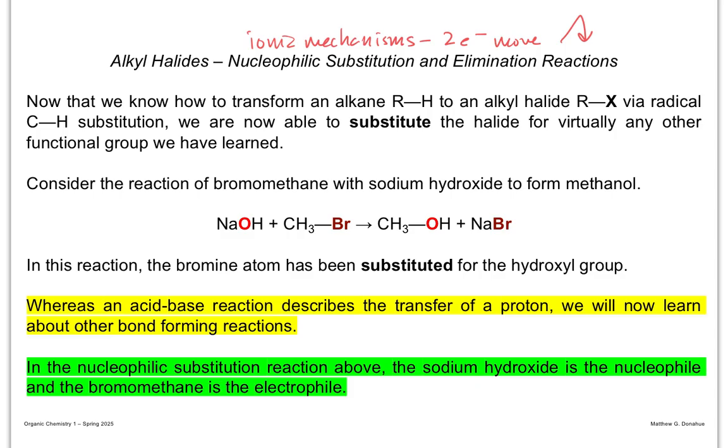Remember, for radical reactions, a single electron is moving, and we call that the fishhook arrow. There are 2 types of ionic reactions. What we're going to finish up module 4 is called substitution. And then module 5 is elimination. The starting materials for either substitution or elimination are alkyl halides.